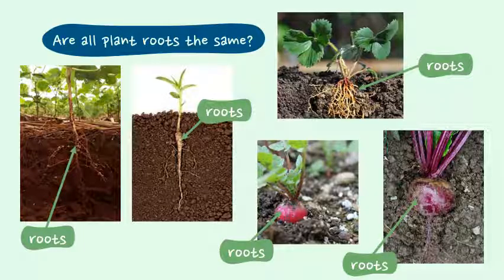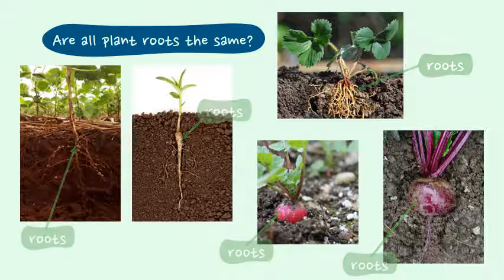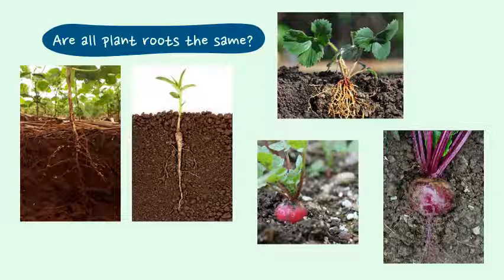Let's go back to this slide and indicate the type of each of these roots. The first one, look, here is the main line with the smaller sidelines. And this root is not fat. It doesn't store food.